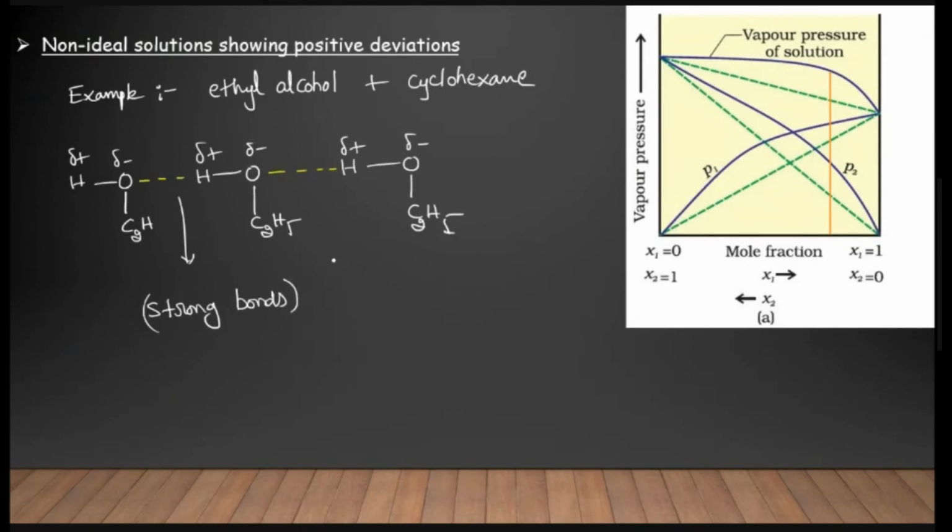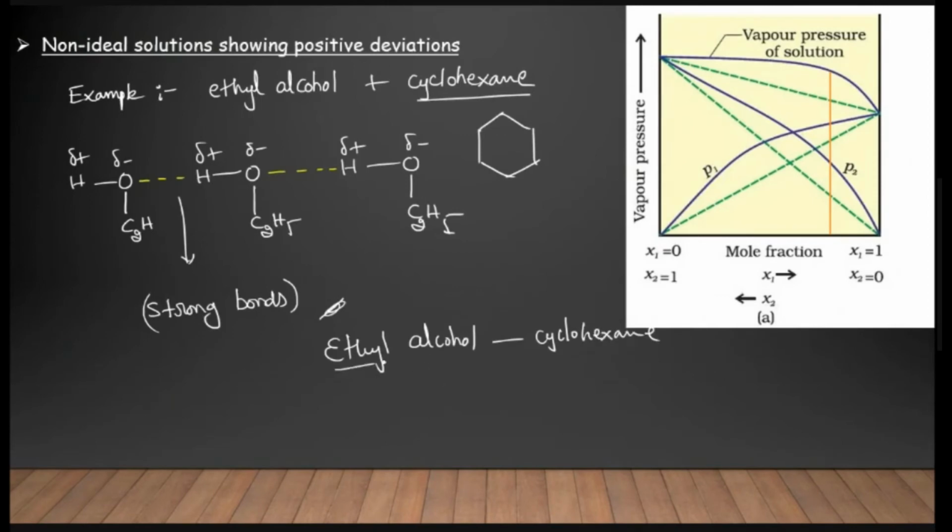In the pure form, ethyl alcohol does not have any kind of deviation from Raoult's law. But when you add cyclohexane into the ethyl alcohol, the cyclohexane will come and occupy the space between the ethyl alcohol molecules. Once it occupies the space between two ethyl alcohol molecules, it will decrease the interaction between the ethyl alcohol molecules.